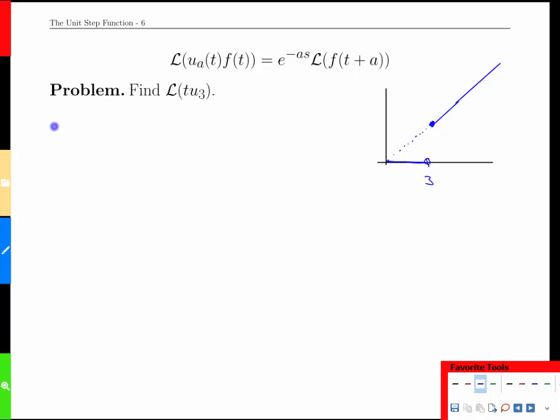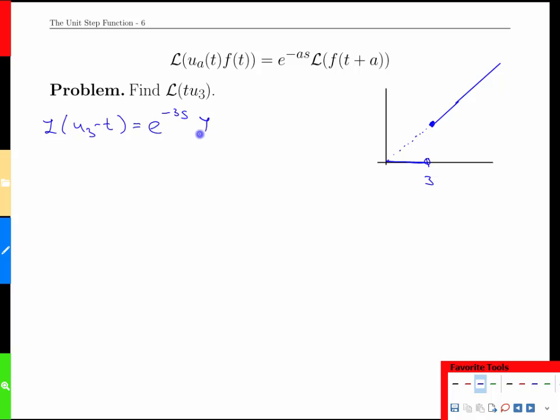What does that do for our Laplace transform? Well, let's put it in exactly the same order the rule has it: u sub a times a function, and now our function is t. What this rule says is, first of all, before you do anything else, you're going to get an exponential e to the minus 3s.